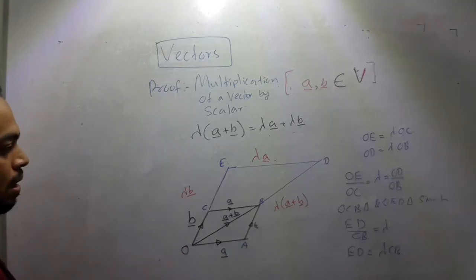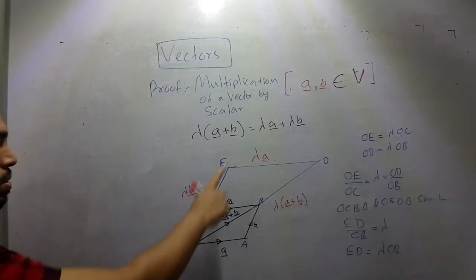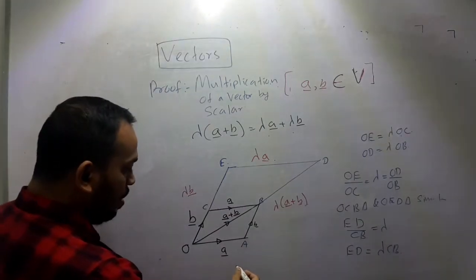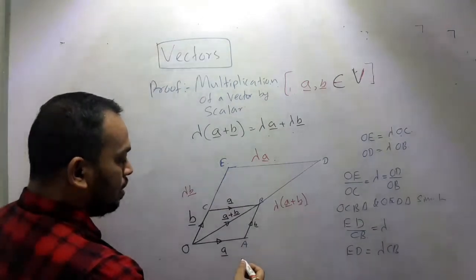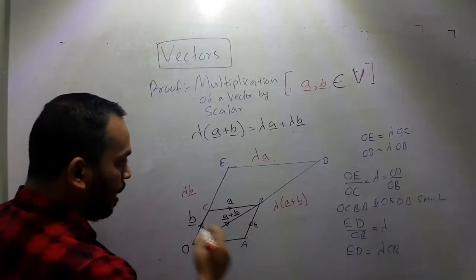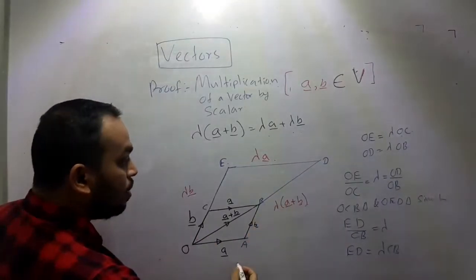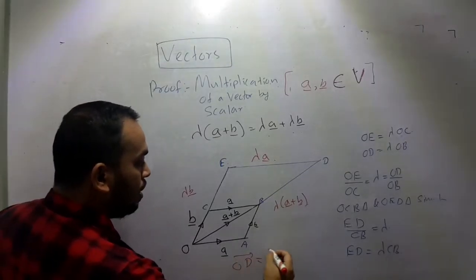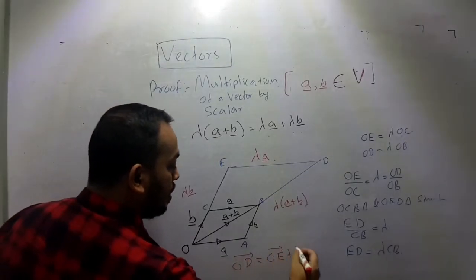Lambda times (A plus B). So based on this construction and the triangle law of addition, we can say that OD is equal to OE plus ED.